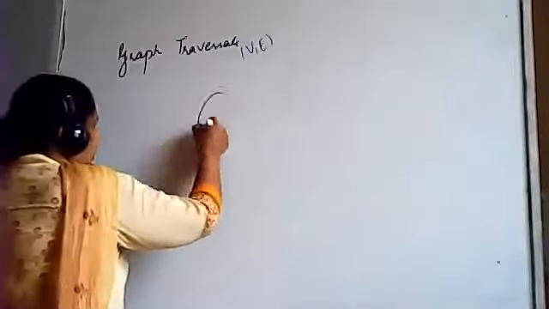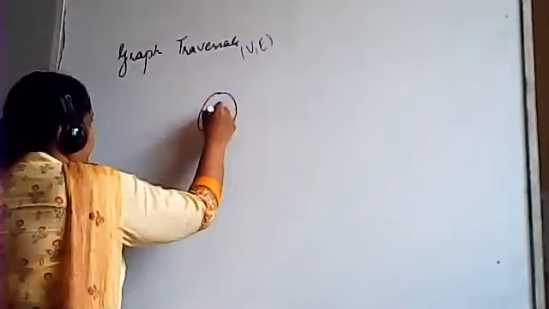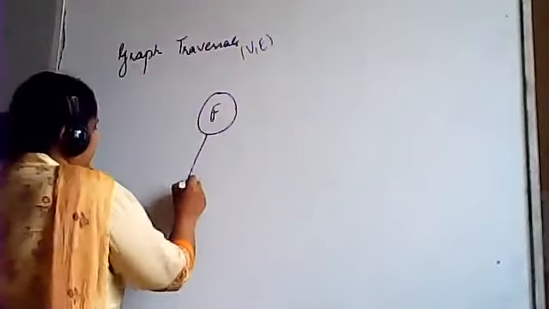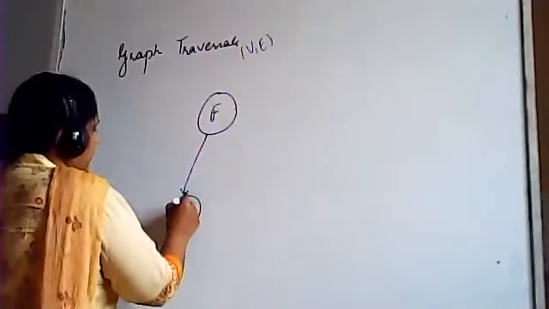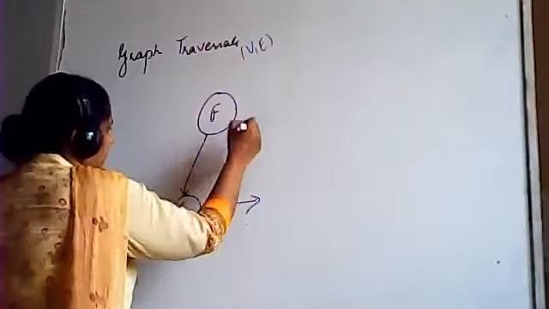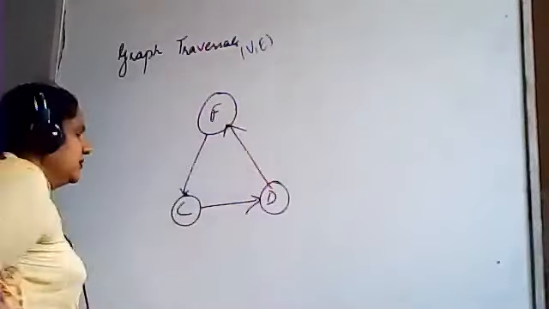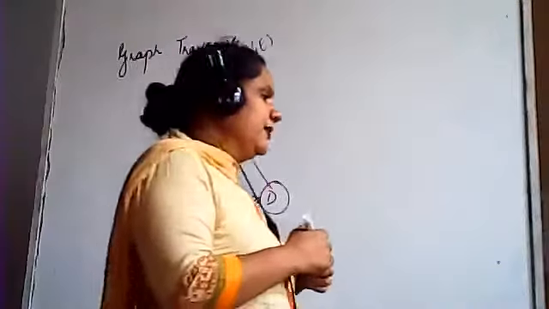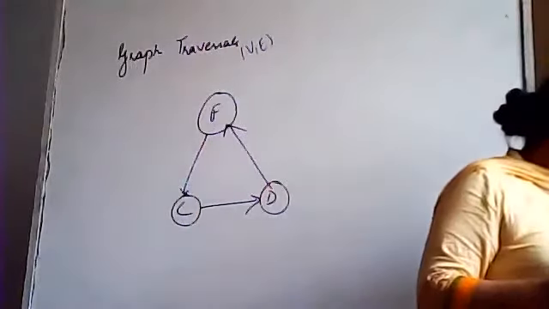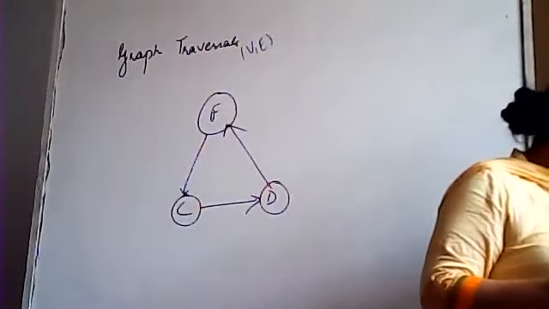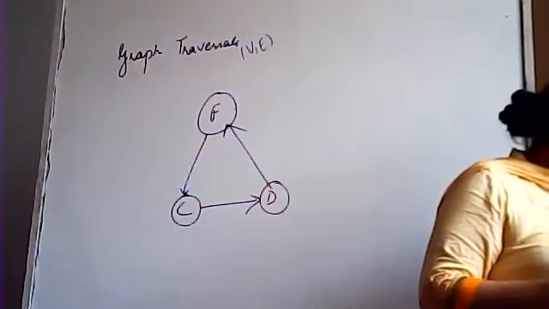See, first of all, I will make one situation clear. Suppose the condition would happen like this. Now, what would be your topological sorting? Please tell me.